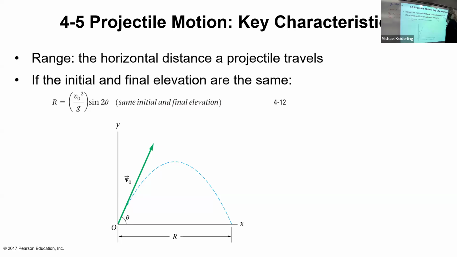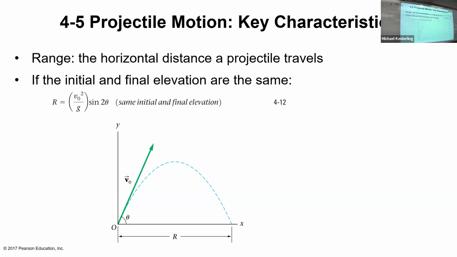So we get v naught sine theta. We want to find t because we're interested in x, and the way you get from y to x is through t. So we get v naught sine theta t equals 1/2 g t squared.